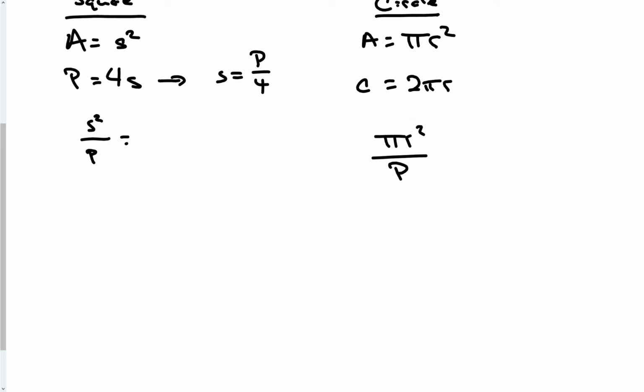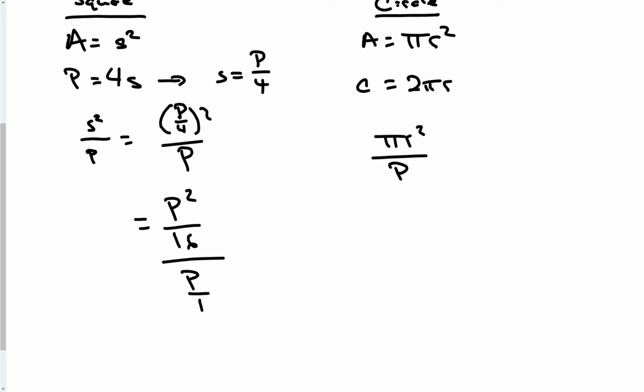Because that's true, we have p over 4 squared over p. So that's p squared over 16 over p. And we now have a rational expression, something over something else. We just have a simple division here.